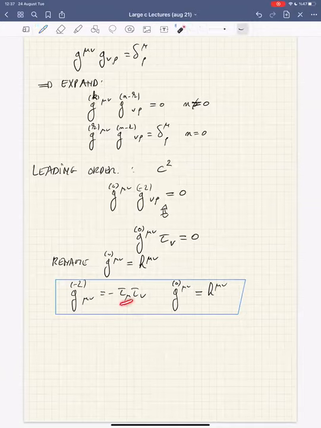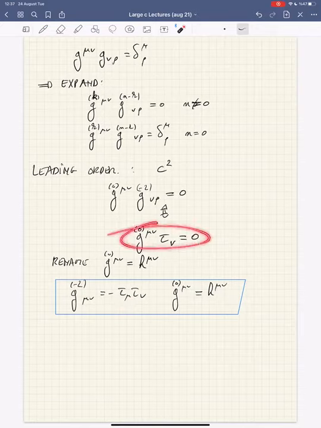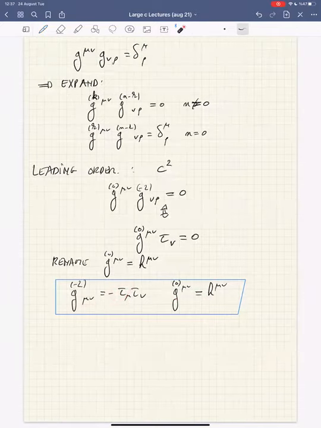So there is τ and there is h. They're completely free, apart from this condition. So they're an arbitrary Newton-Cartan structure. And we see that to find them, some of the degrees of freedom sit in the inverse metric, while some of them sit in the metric.